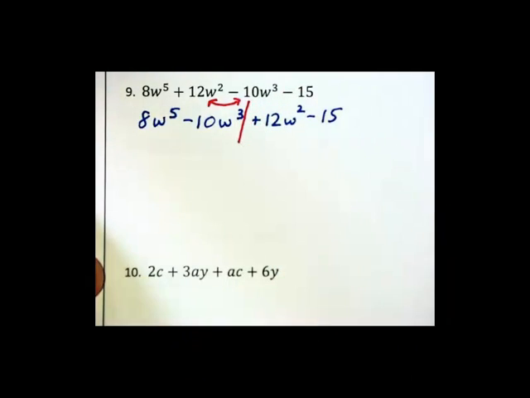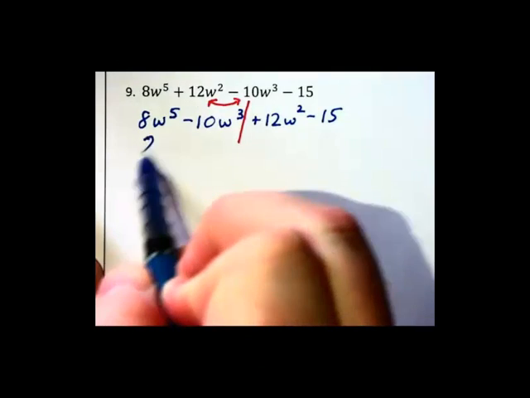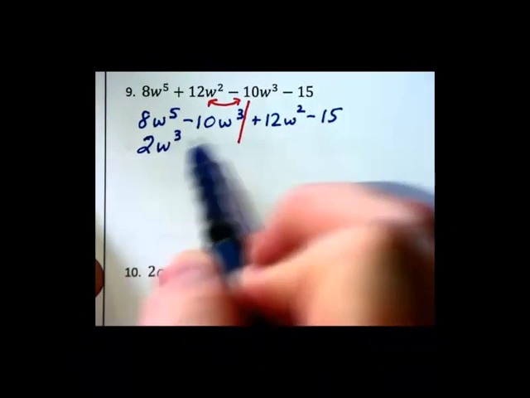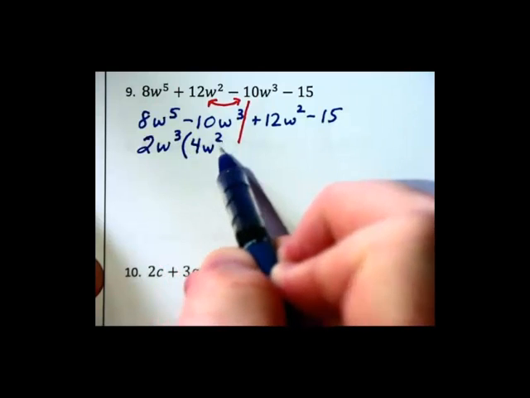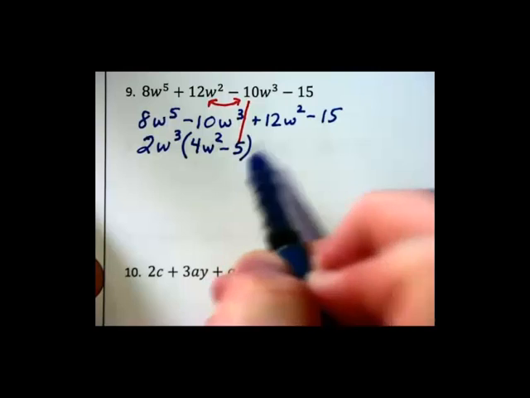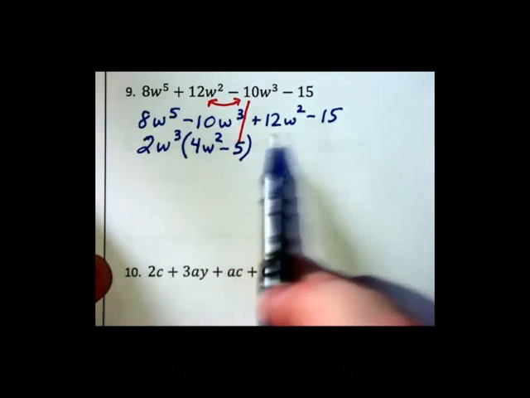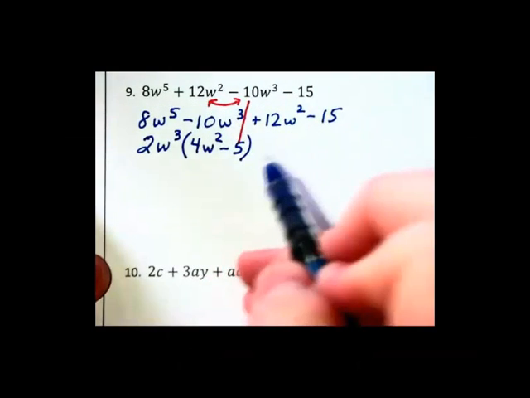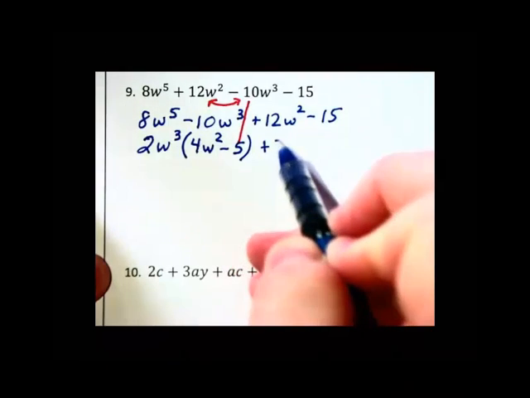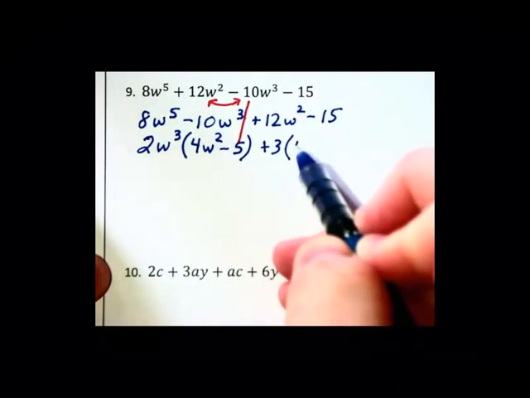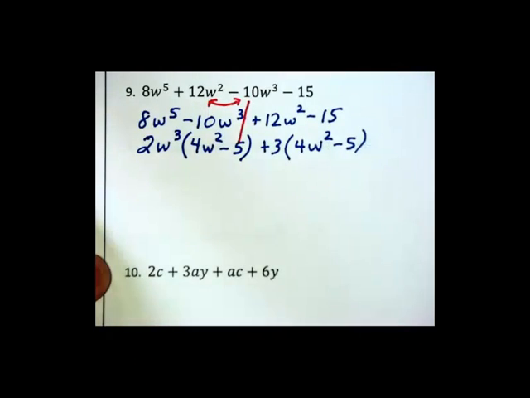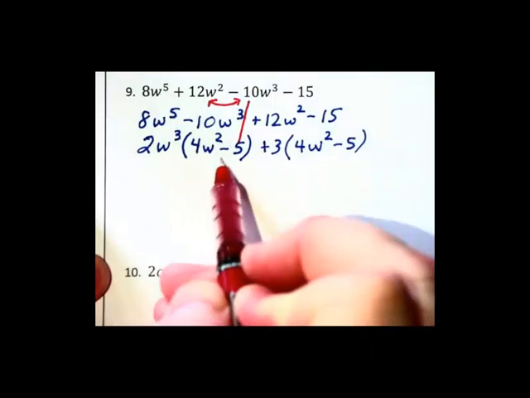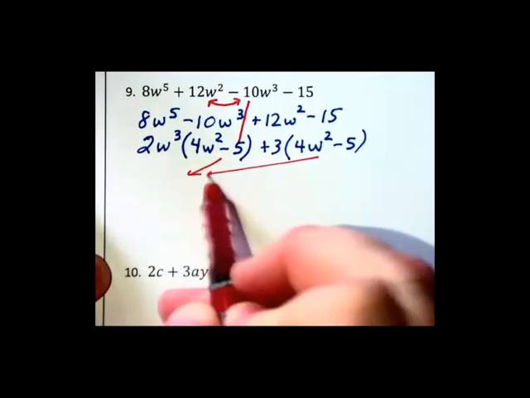Splitting this problem down the middle, out of the first 2 terms I can divide out a 2w to the 3rd, leaving 4w squared minus 5. Out of the second half of the problem, the 12 and the 15, they are each divisible by 3. Dividing out by 3, I have 3 times 4w squared minus 5. And look here, we see 4w squared minus 5 common to both halves of the problem.